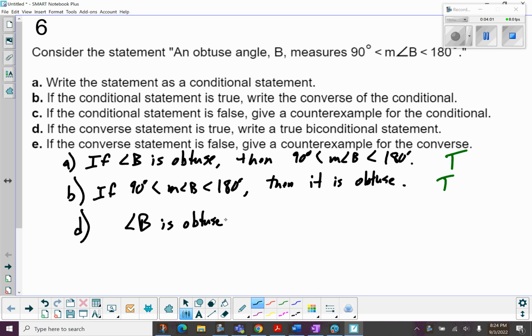Notice we don't start with if. We use the magic conjunction if and only if the measure of angle B is less than 180 degrees and greater than 90 degrees.